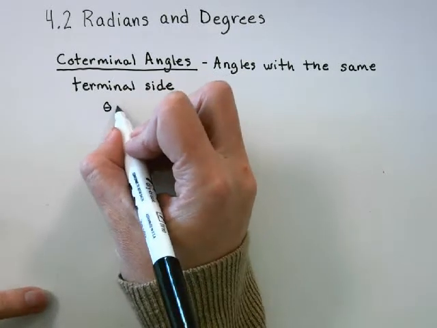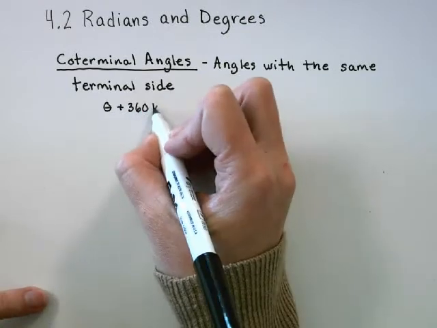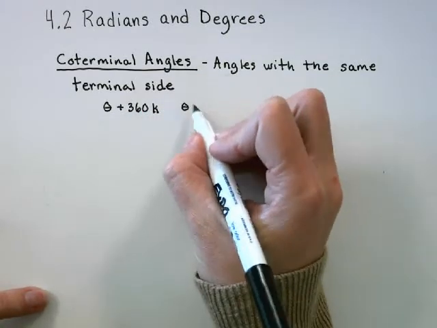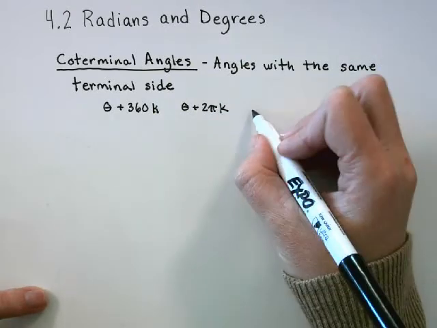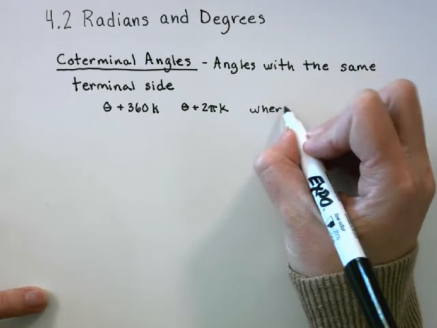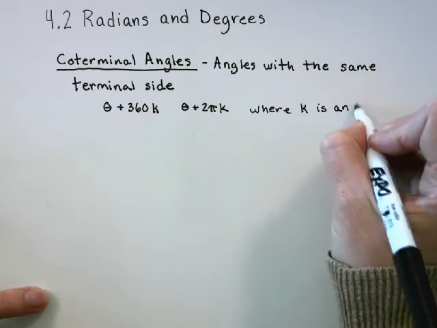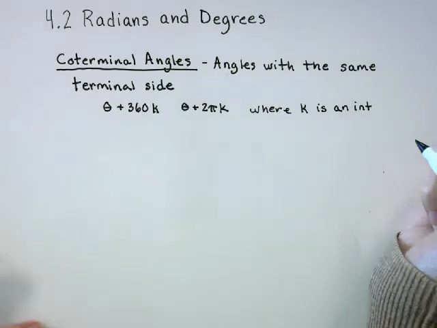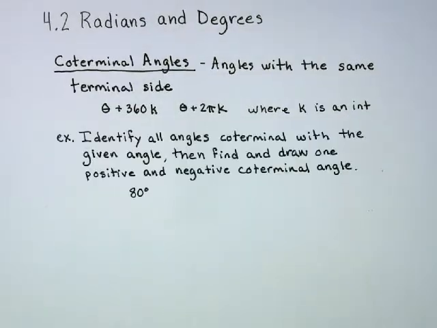So it's going to be theta plus 360k, or adding 2 pi k, where k is an integer. So that includes adding and subtracting. So you might want to pause and write this down.